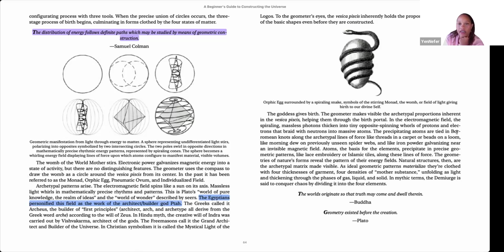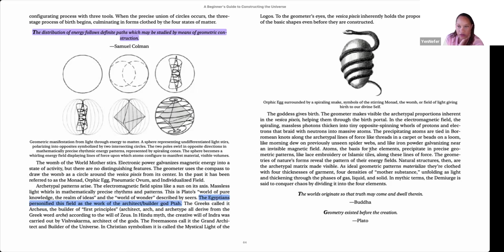The precipitating atoms are tied in Borromean knots along the archetypal lines of force, like threads in a carpet or beads on a loom, like morning dew on previously unseen spider webs, and like iron powder galvanizing near an invisible magnetic field.